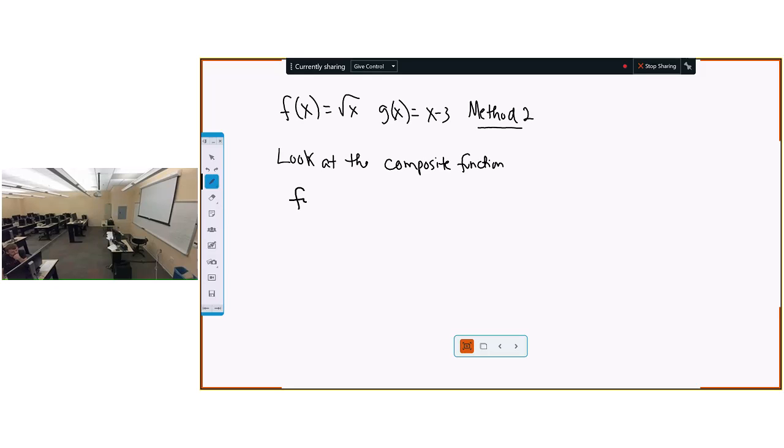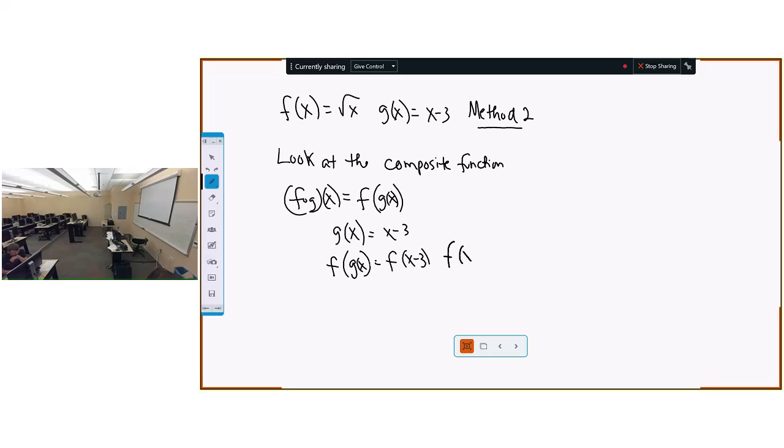So I'm going to look at f circle g of x, which is f of g of x, being the inner function, f of x being the outer function. So g of x is given as x minus 3. Therefore, f of g of x would be f of x minus 3, okay?